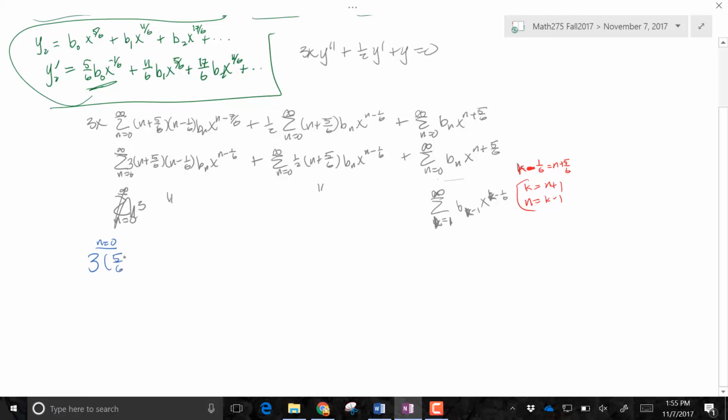5/6, negative 1/6, b sub 0, x to the negative 1/6.